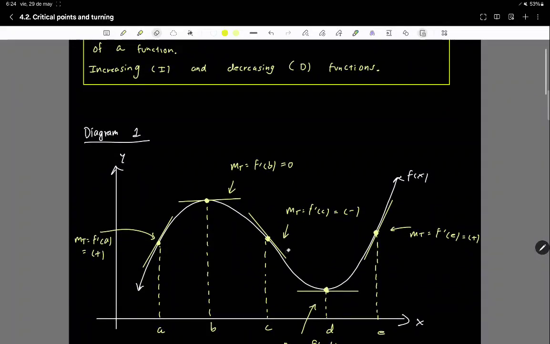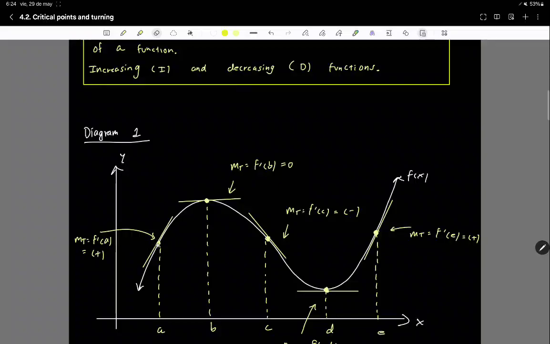And we can see that at those points, the slope of the tangent, remember all of these are tangent to the function, at the turning points B and D, the slope of the tangent is 0, right? And since the derivative gives me the slope of the tangent, then the derivative at this point and at this point is going to be 0.